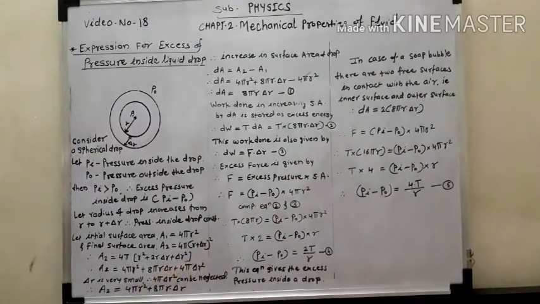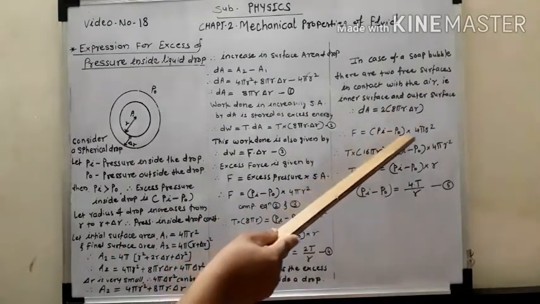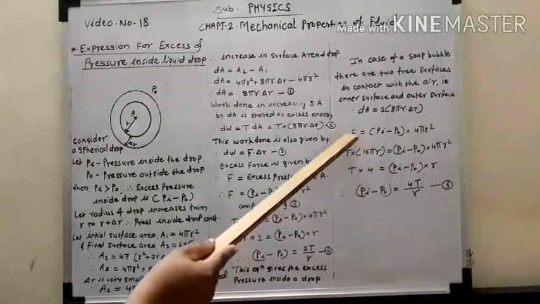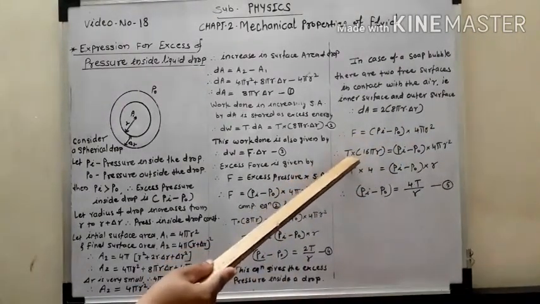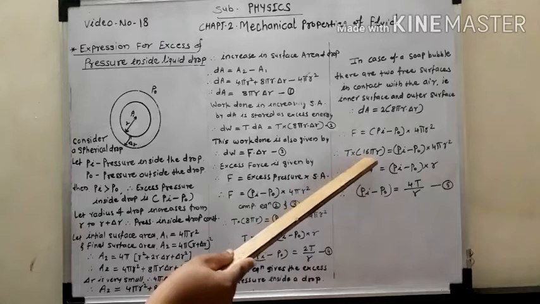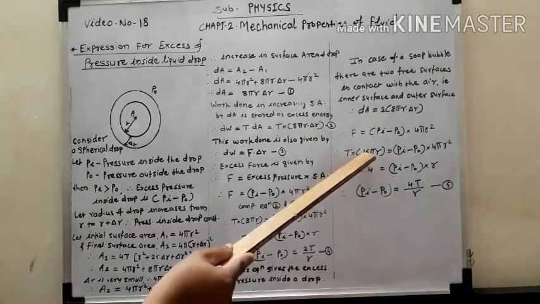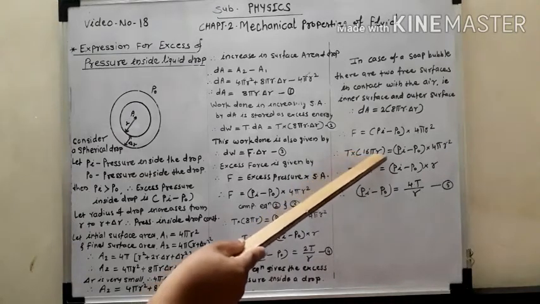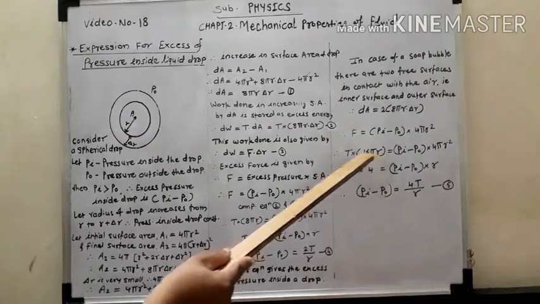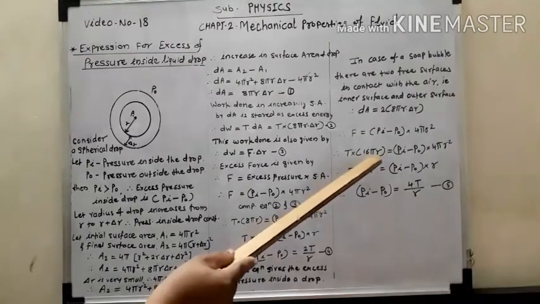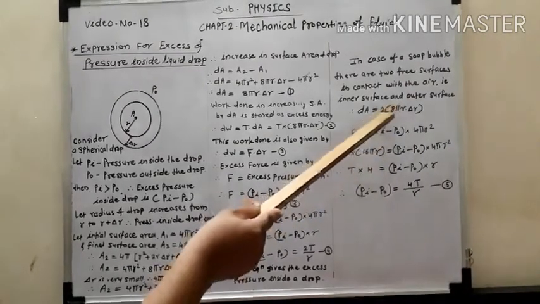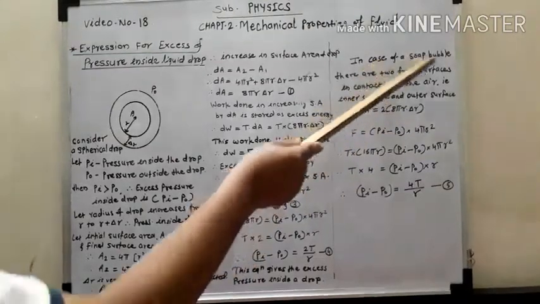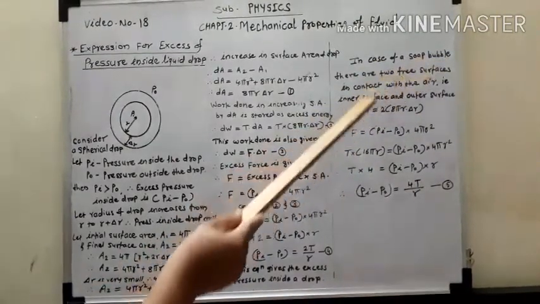Again, F is equal to Pi minus Po into 4 pi r square. Instead of T into 8 pi r, we write T into 16 pi r, because the soap bubble has two free surfaces.